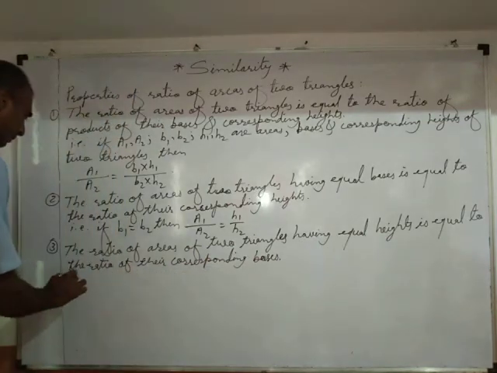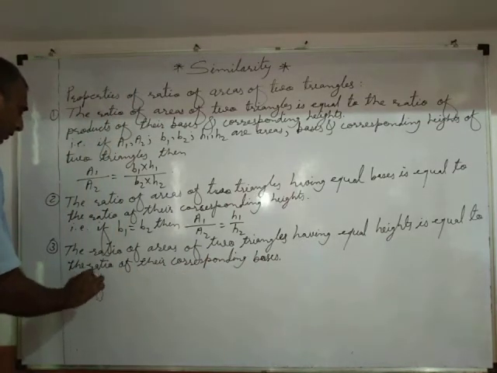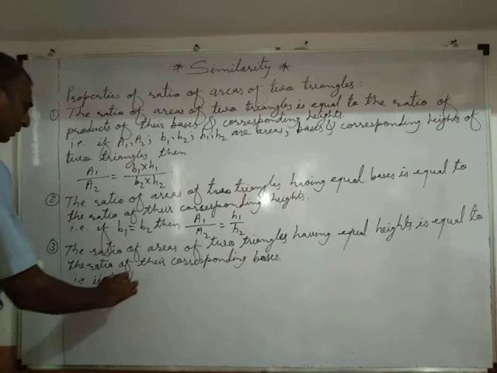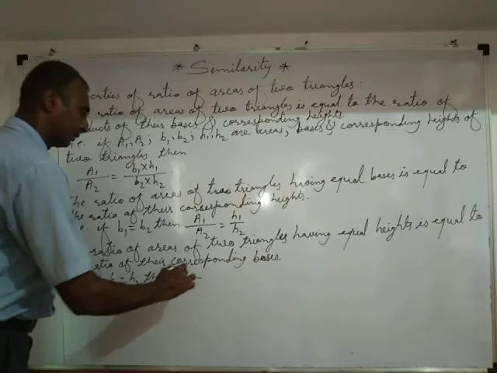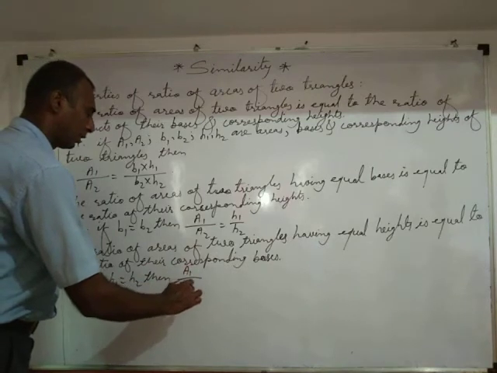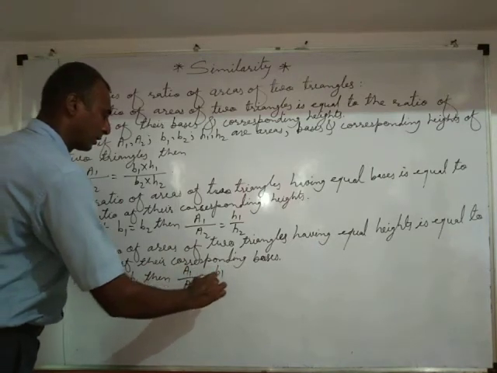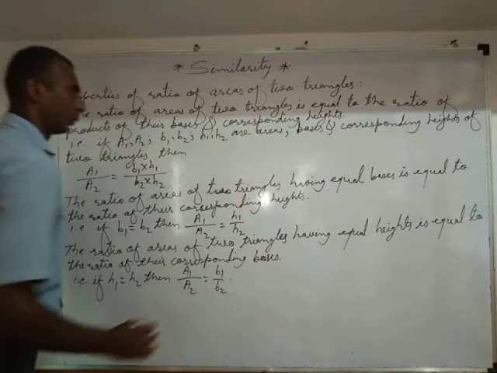That is, if H1 equals H2, then A1 upon A2 equals B1 upon B2.